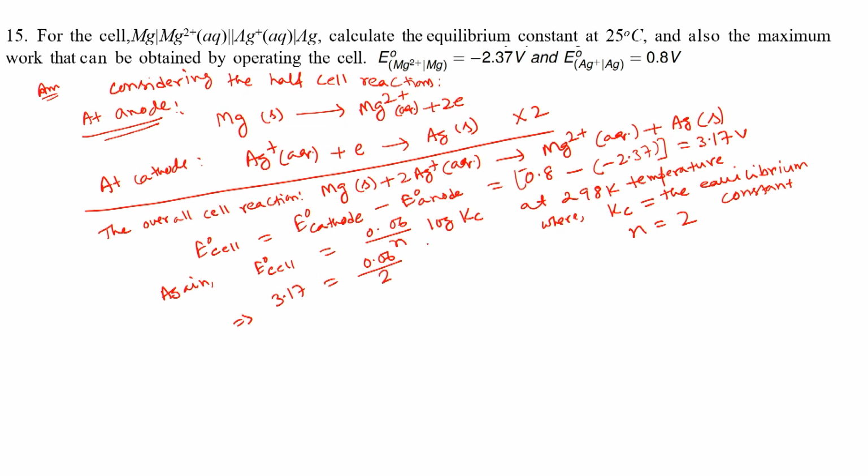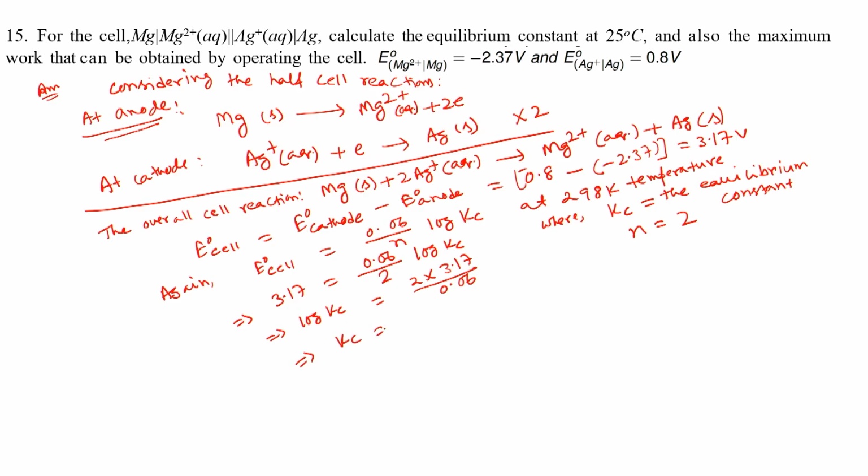So, we get log Kc is 2 times 3.17 by 0.06. Now, we can calculate the equilibrium constant value Kc.